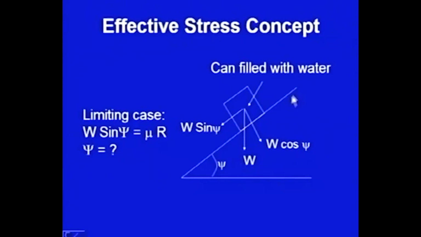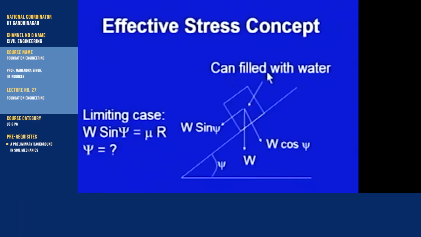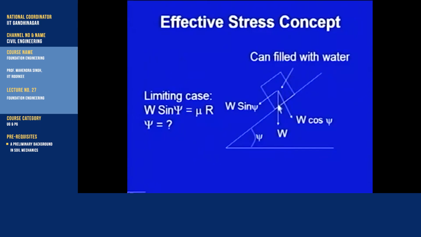Let us say this is an inclined surface, the surface is rough, having a coefficient of friction mu, and a can is placed on this surface. The can is filled with water, and this surface is inclined at an angle psi with the horizontal.